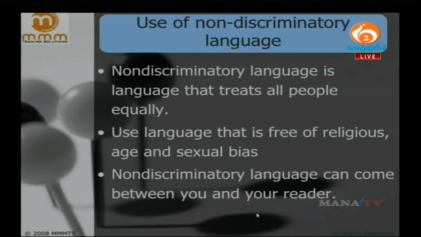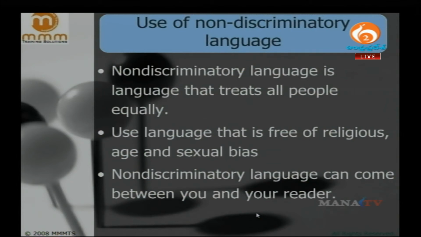You have to be mindful that we do not assume anybody's gender in conversation, and we do not hurt people by making direct statements reflecting religious, age and sexual bias as part of the conversation.